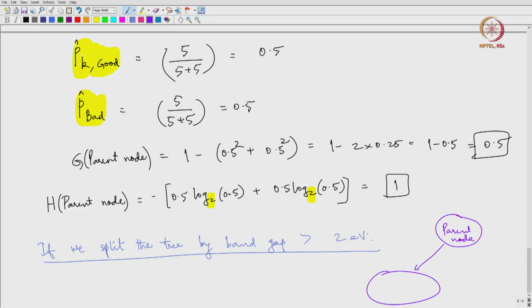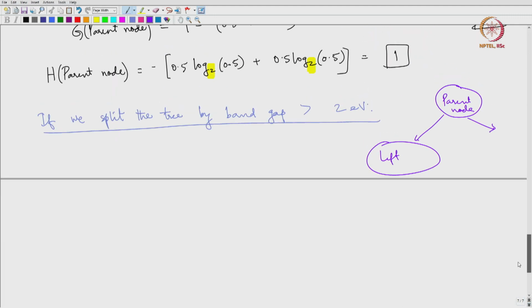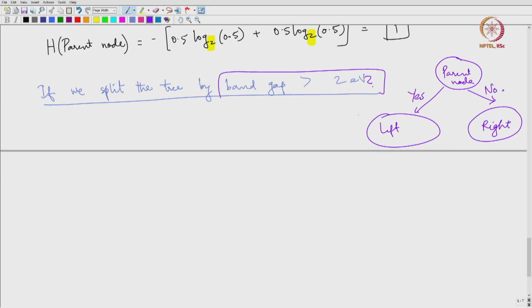This is the left region and this is the right region, and this has been done based on whether the band gap is greater than 2 eV or not. It can either be a yes or no answer. So for this we want to look at the left region and the right region.